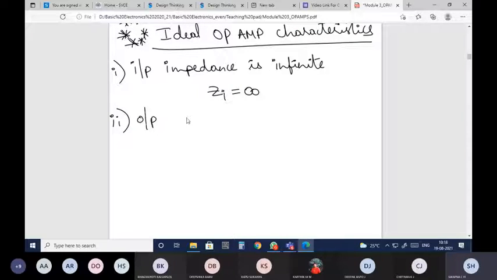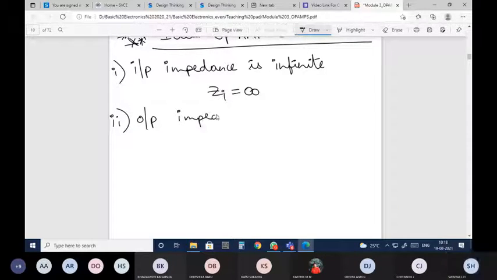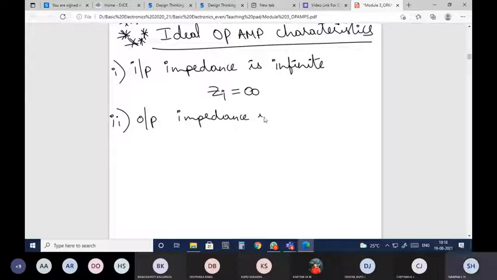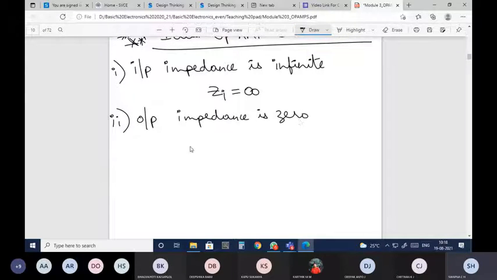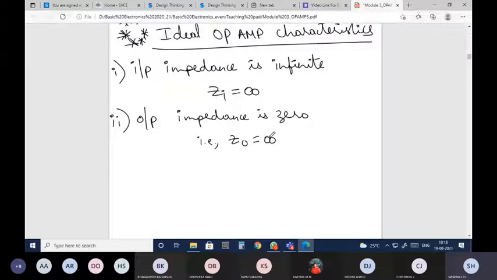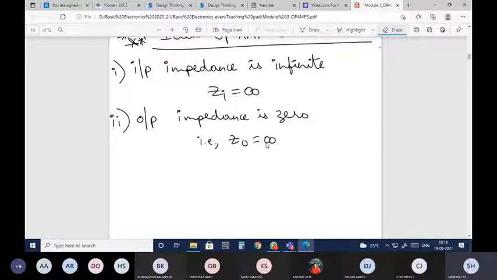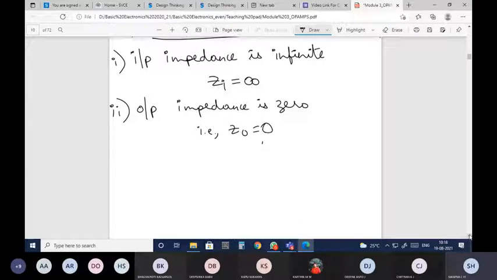Next, output impedance is 0. That is, Z0 is equal to 0.